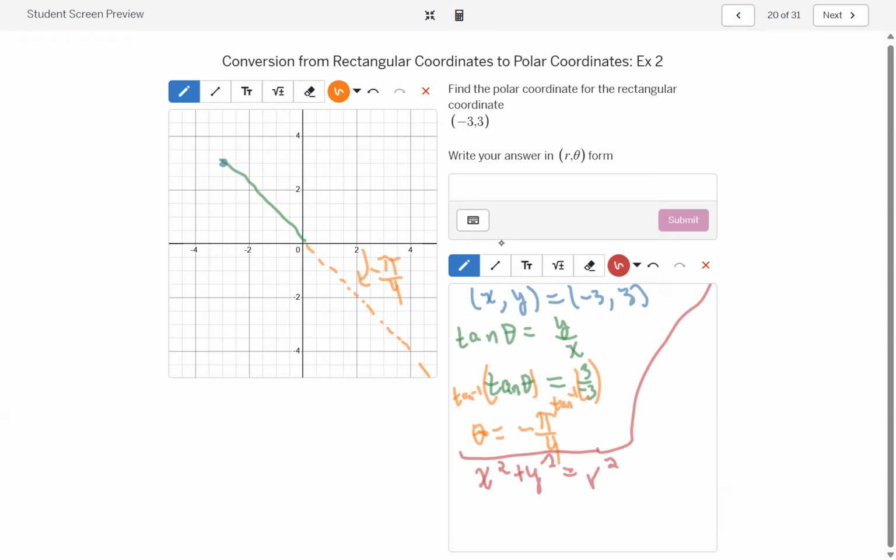So we have x squared plus y squared equals r squared. So negative 3 squared plus 3 squared equals r squared. So that's 9 plus 9, which is 18.